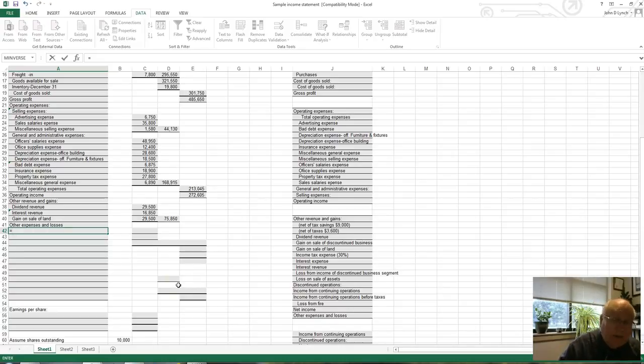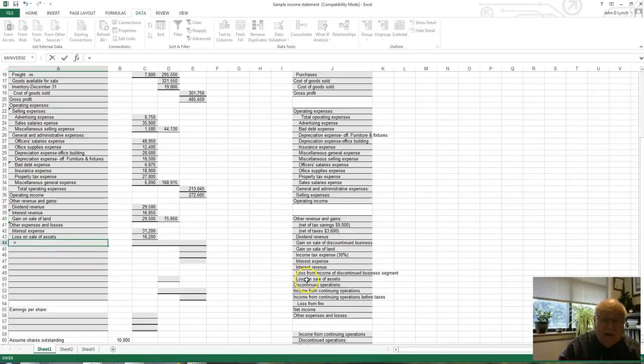So what we have in that one, the most common one would be interest expense, which most of us are real familiar with. That one is for $31,200. Then we have also loss on sale of assets. This would be loss on sale of equipment, whatever you may have, $16,200. And then I put another one in here called loss from fire.